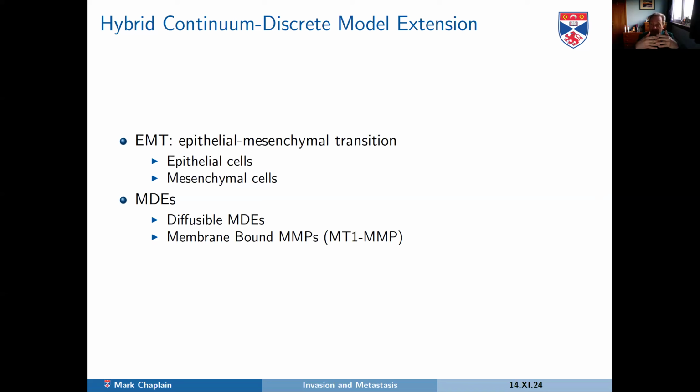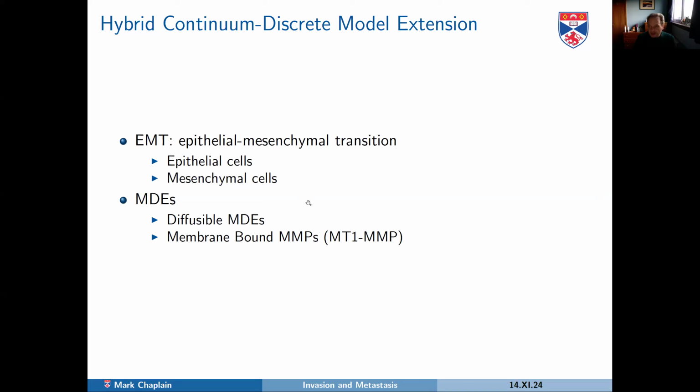They link together in sheets of cells or clumps of cells with adhesive bonds. But as a cancer becomes more malignant, those bonds are lost, and the epithelial cells undergo what's called a phenotypic transition to mesenchymal cells, and mesenchymal cells are more active in migration. Epithelial cells are more active in proliferation. So there's a switch between these two phenotypes. So we thought that we should incorporate that effect into the model.